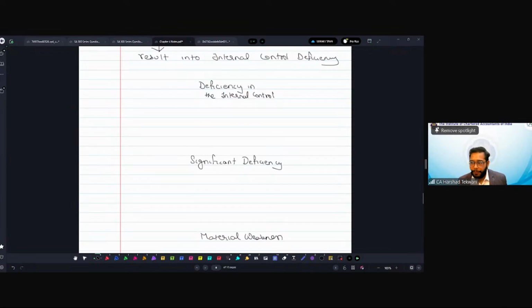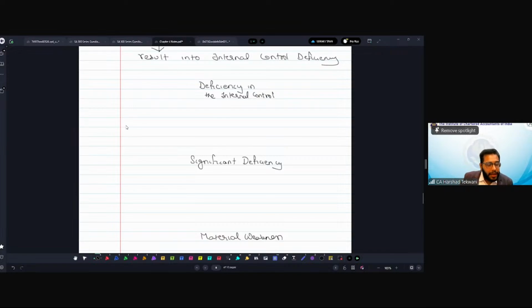Yes, absolutely. So when I talk about deficiency in the internal financial control over financial reporting, or in internal control, basically, it is the design or the operation of the control that doesn't allow management or employees to perform their functions or to prevent or detect misstatements.